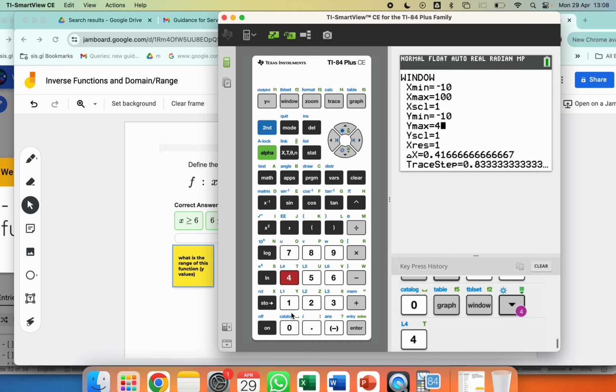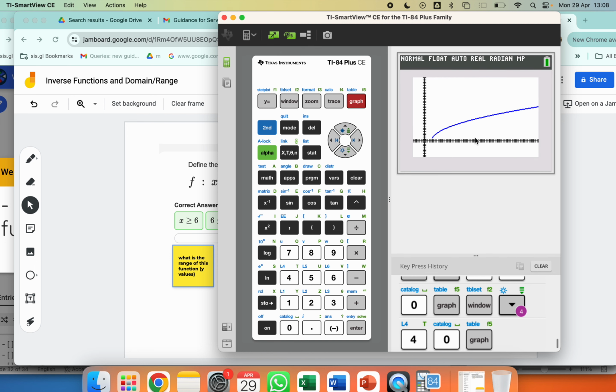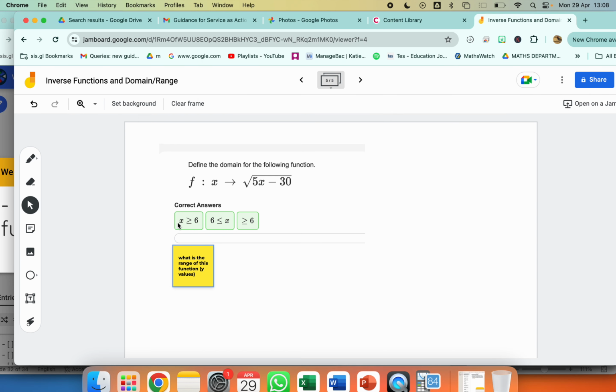This can be quite cumbersome, this practice of changing the different values. There we go, we can see the x and the y start at this point here, and then it continues up and up and up. So we can see that the values are going to be greater than this particular value. So we've decided that x is greater than or equal to 6, and then we can also say that for the range, y is greater than or equal to 0. How do we know that?